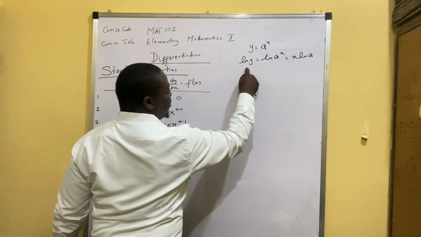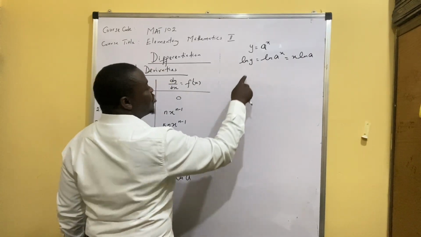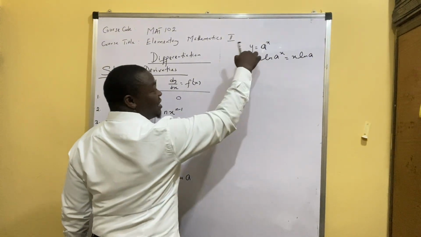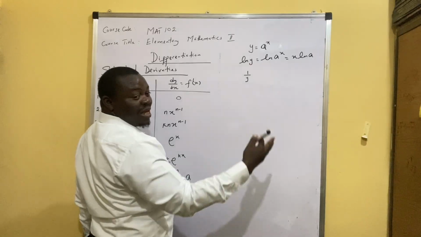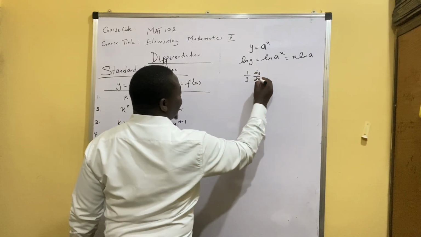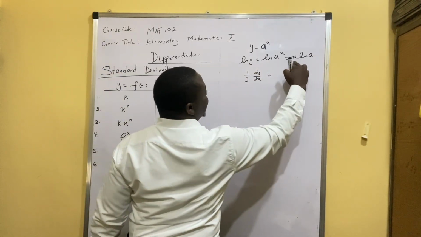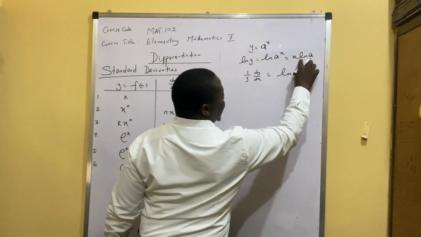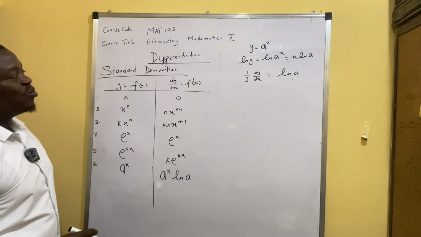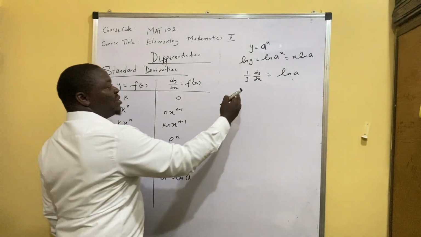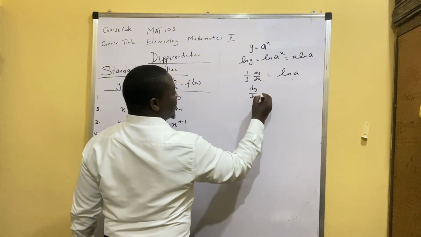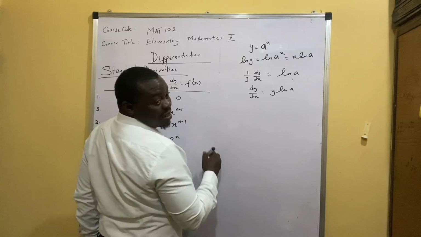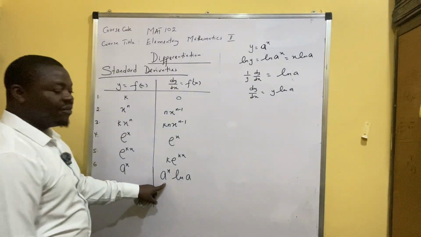Differentiating ln y gives you 1 over y, but because you are differentiating y, you have to add dy/dx. This equals ln a, since differentiating x gives 1, and ln a is just a constant. Multiplying both sides by y, we have dy/dx equals y ln a. But y is a raised to the power x, so we have a^x ln a.